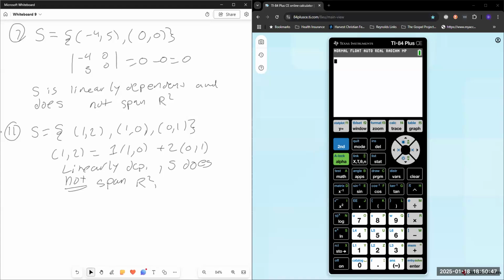So 13, we have S is (6, -5) and (12, -10). So let's look at that. 6 times -10 minus -5 times 12 is -60 plus 60, which is 0, which means that they're linearly dependent.